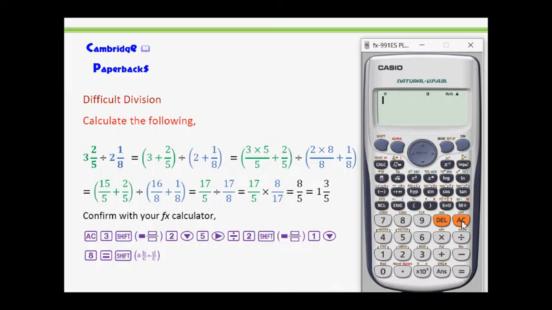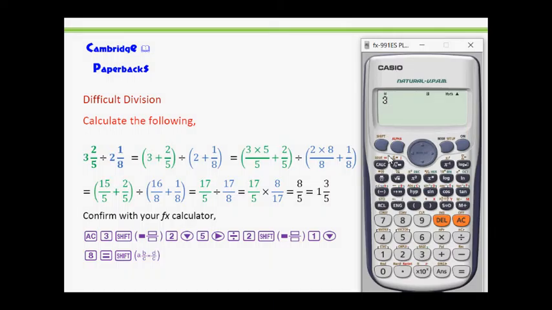First, clear the display. 3, shift number fraction 2, cursor down, 5, cursor right, divide by 2, shift number fraction 1, cursor down, 8, equals, and you can see the result is 8/5 as calculated.